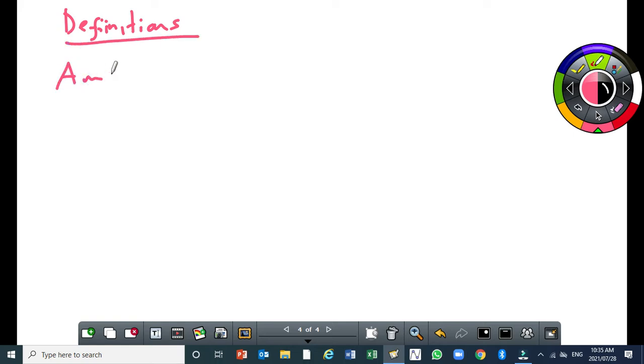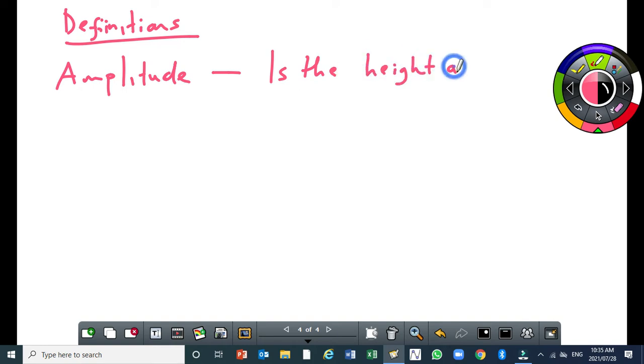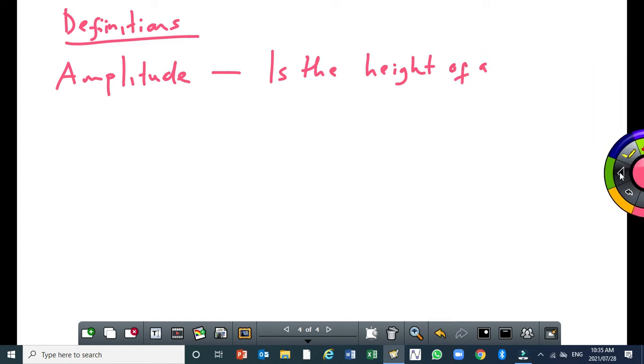Start with amplitude. Amplitude is the height of a crest or the depth of a trough.